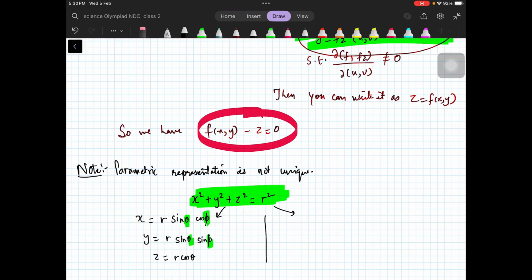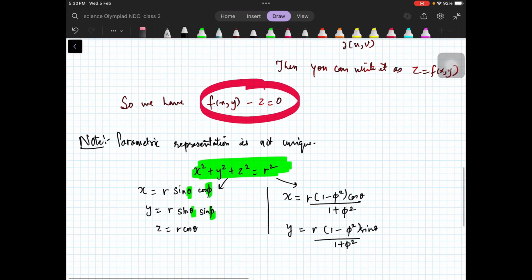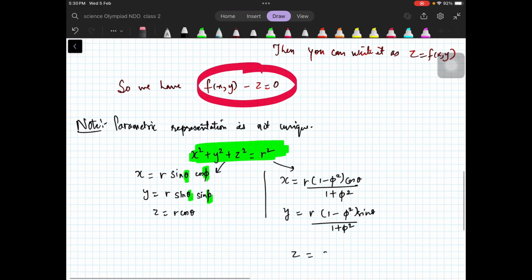So what is the other representation? The other representation is x is equal to r (1 minus phi square) cos theta upon (1 plus phi square), y is equal to r (1 minus phi square) sin theta upon (1 plus phi square), and z is equal to 2r phi upon (1 plus phi square).